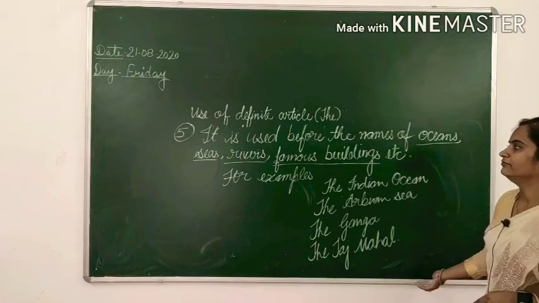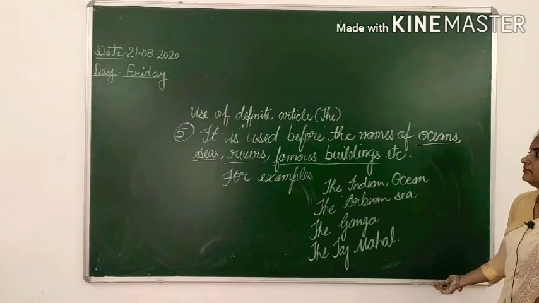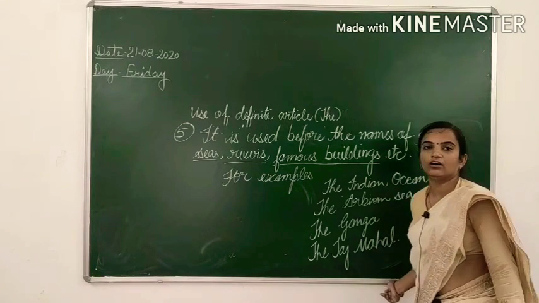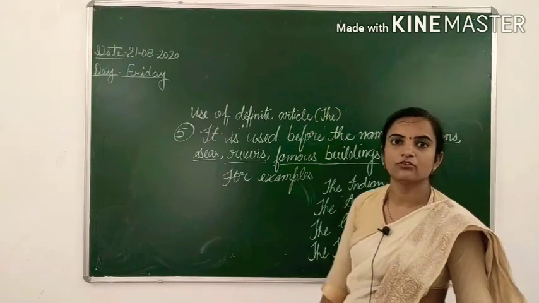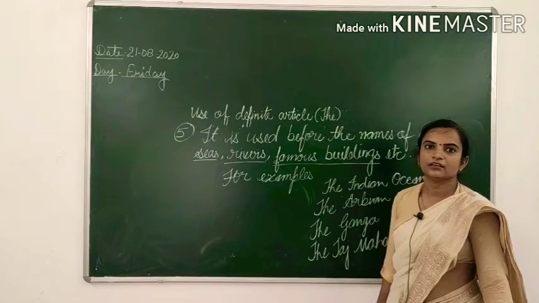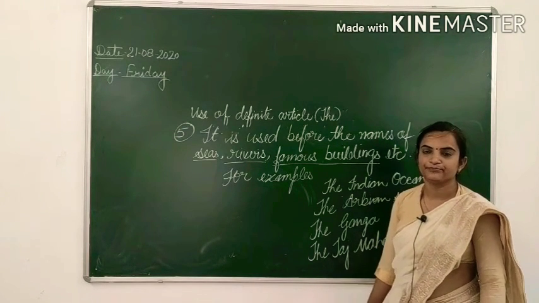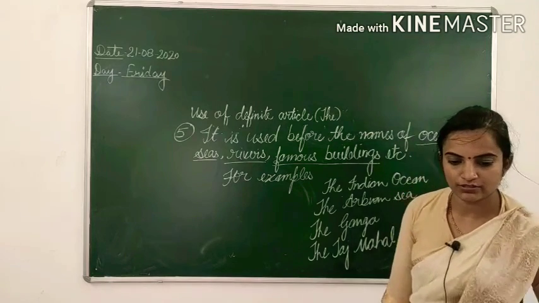Means we will use the definite article the before the name of seas, oceans, rivers, famous buildings, names of famous newspapers, etc.